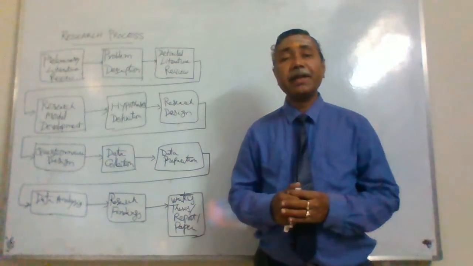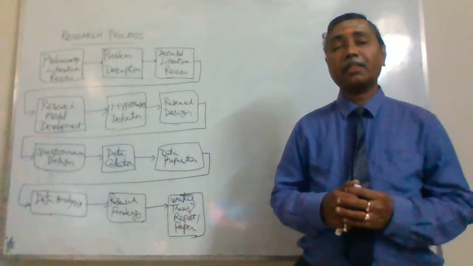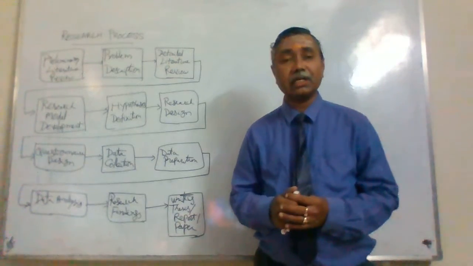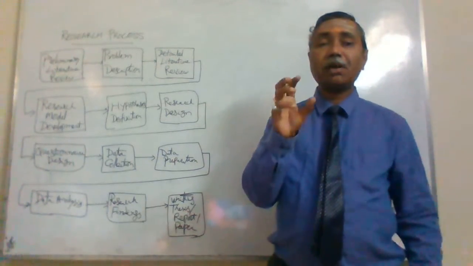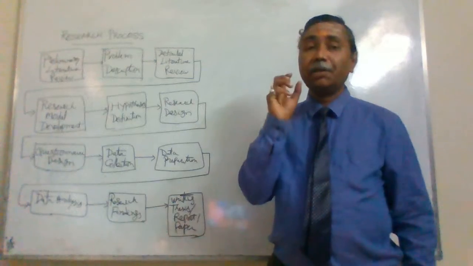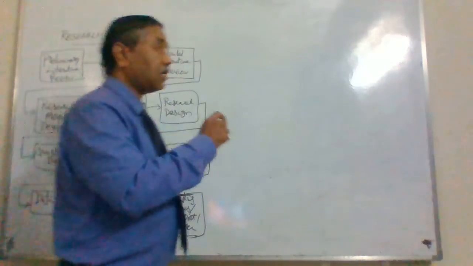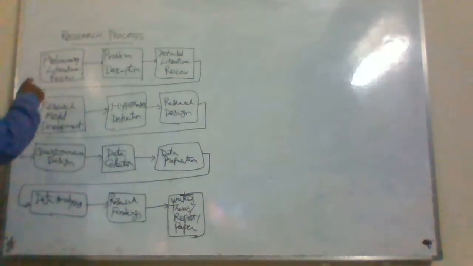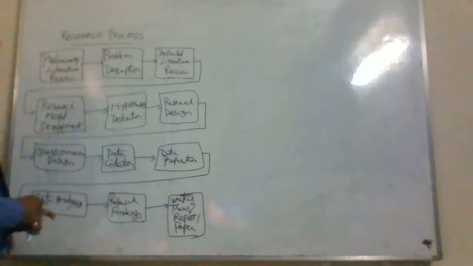So you can identify a research problem from the literature you gathered. For that, research problem identification requires a brief literature review at the beginning. That is called preliminary literature review.